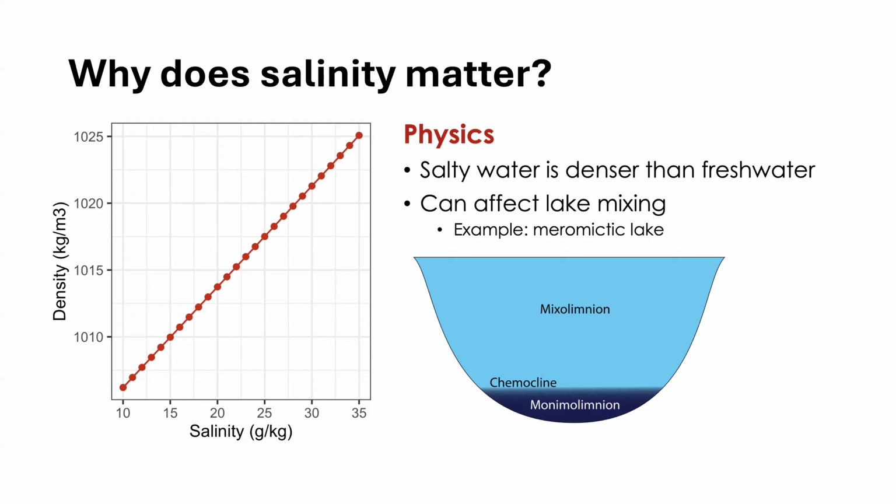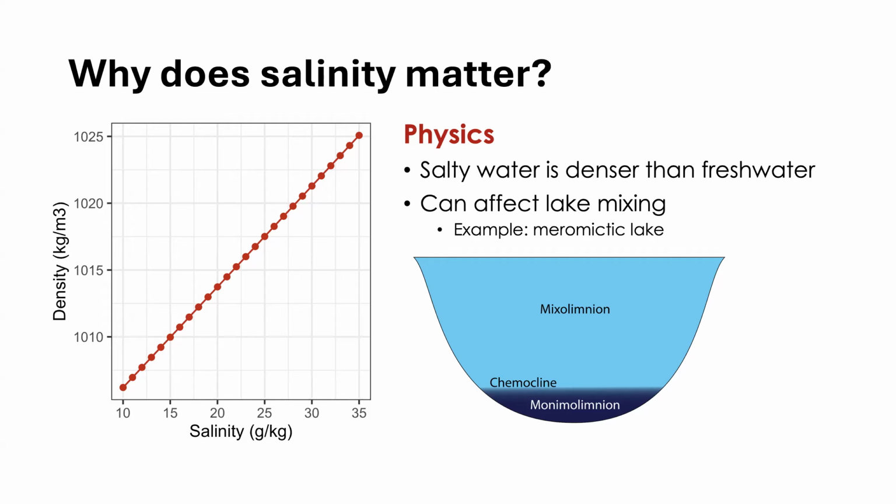And what can happen is that if you get big salt pulses coming into a lake and sinking to the bottom, that bottom layer can become more salty than the surface. They can actually differentiate into more fresh water up top and more salty water on the bottom. And what can eventually happen is that if that bottom layer gets too salty, it can actually prevent the lake from fully mixing, especially in the spring.